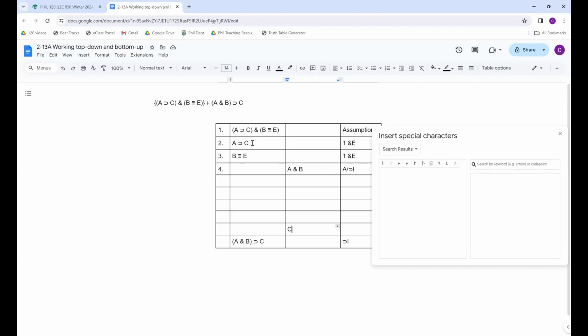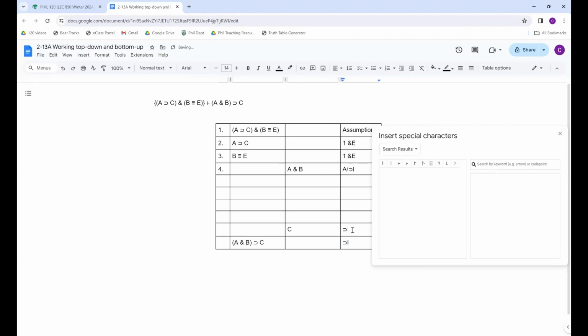If you look up here at line 2, we've got if A then C. Given that we have this, if we also had A, we'd be able to get C by conditional elimination.